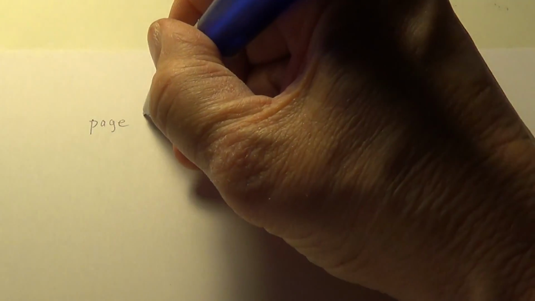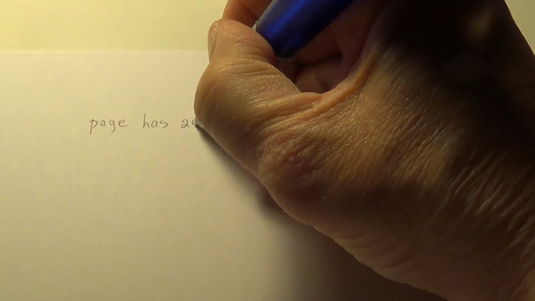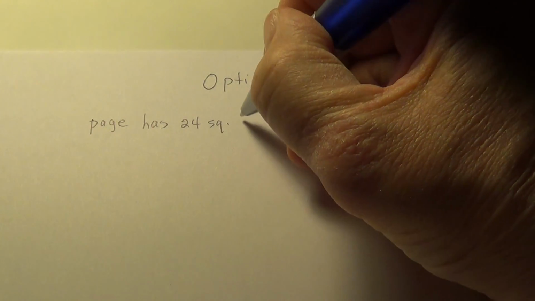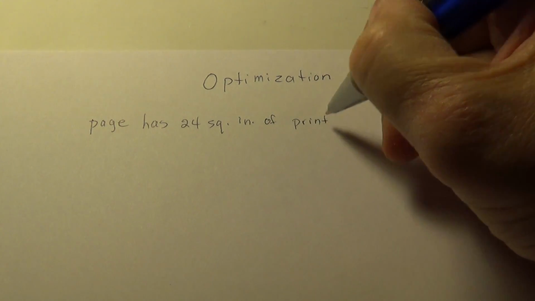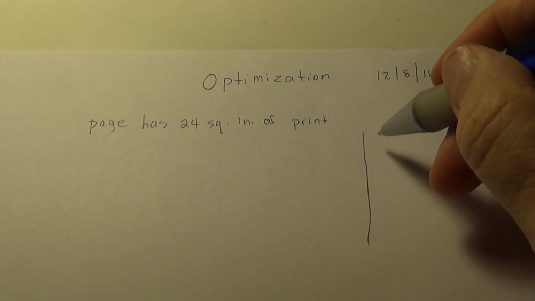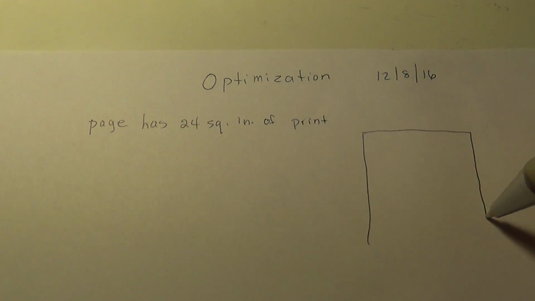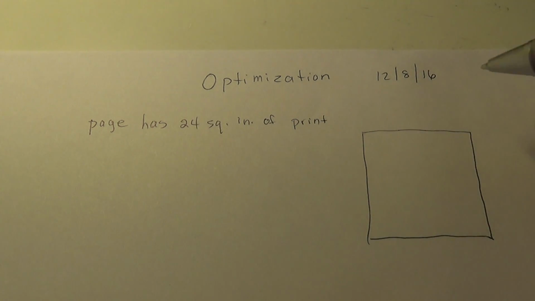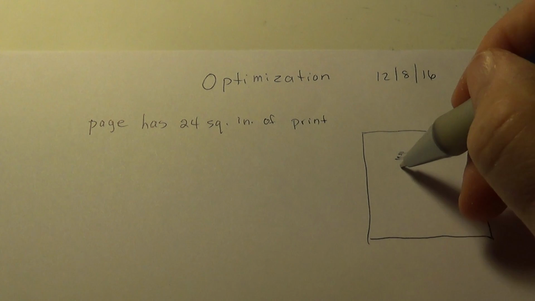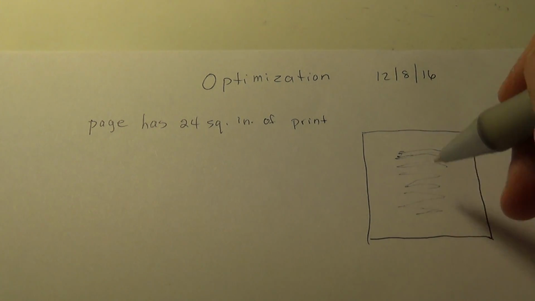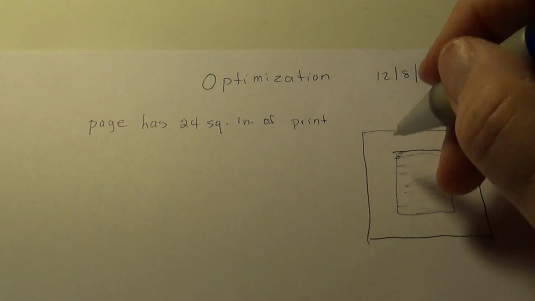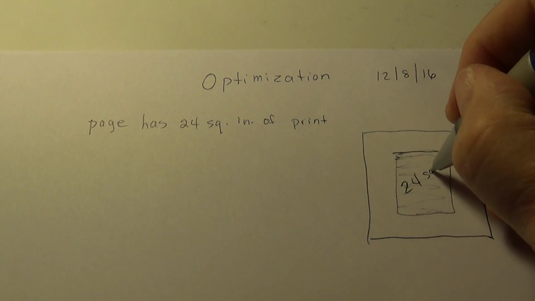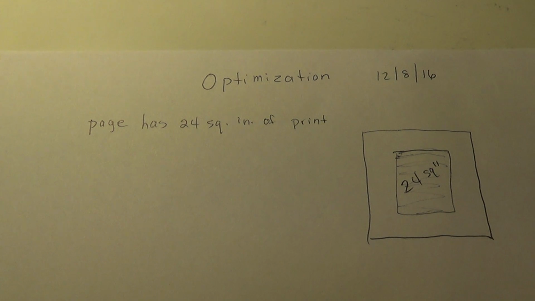I have a page. It's a printed page, and the page has 24 square inches of print on it. So imagine that. I have a page, and all the print on the page occupies this area right here, and it's 24 square inches of print.